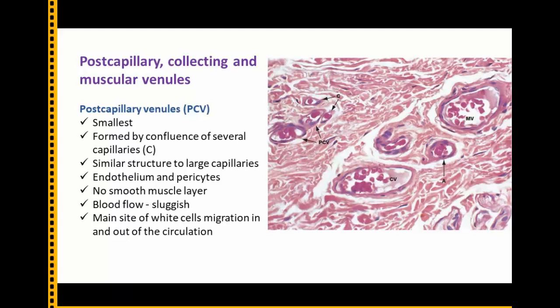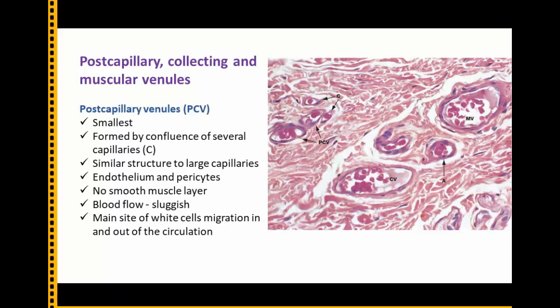In what circumstances do the white blood cells migrate in and out of the circulation? The monocytes.